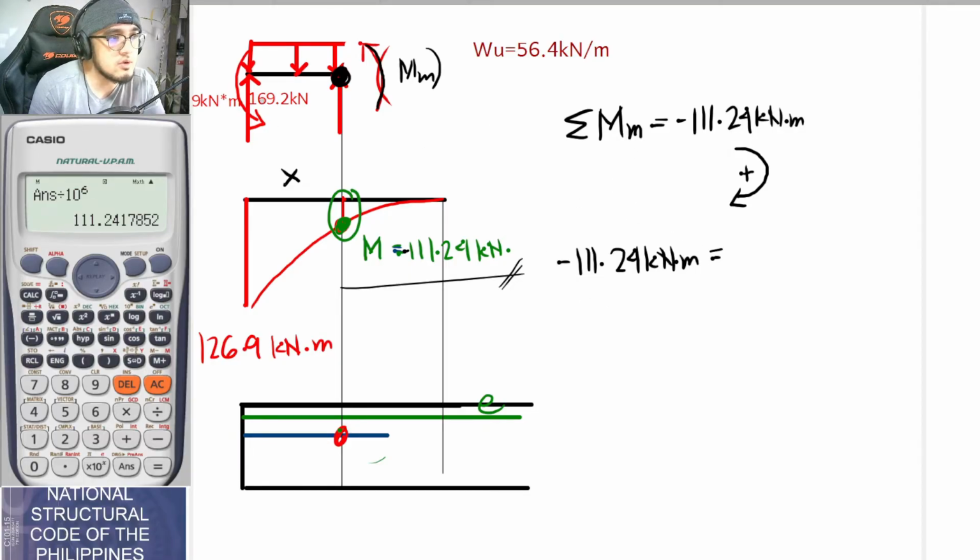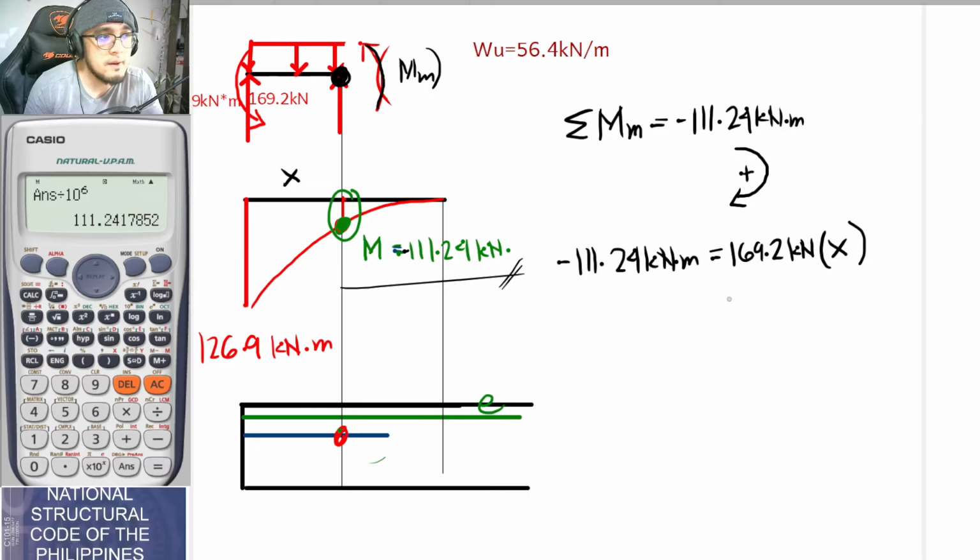This is equal to, so let's get the moment here. Take note that this is x. So for the shear or the support, that is 169.2. So positive 169.2 kilonewton times the lever arm, and the lever arm is x. So times x.